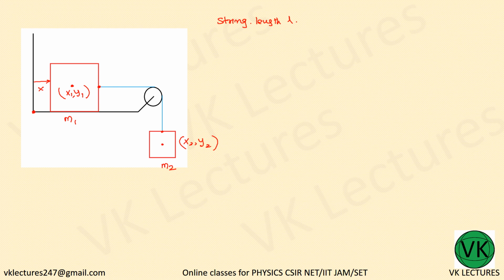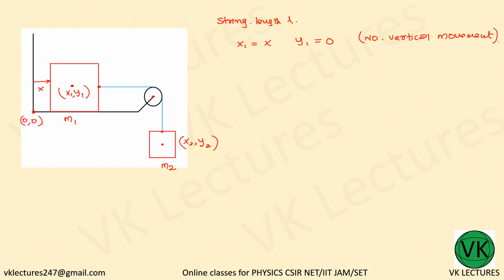So this is our origin, and considering the movement towards this pulley, we will write x1 is equal to x and y1 equal to 0 because there is no vertical movement.